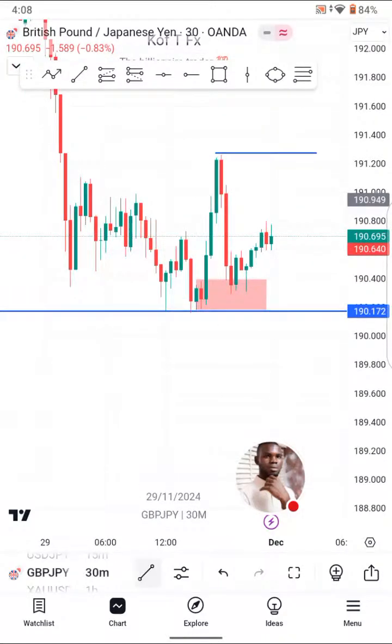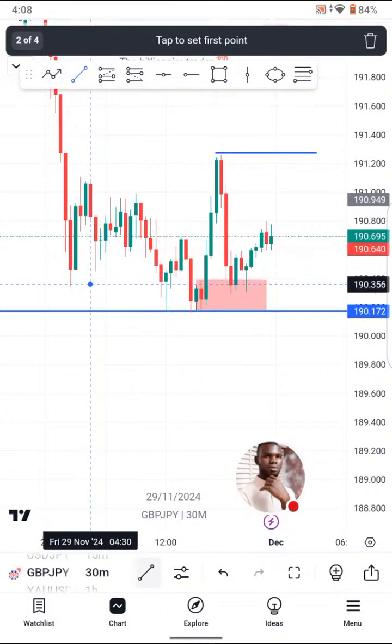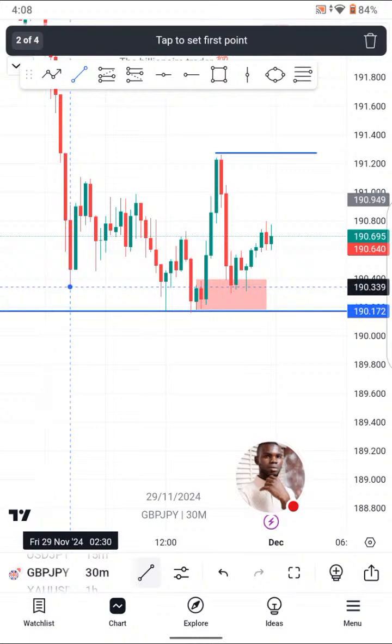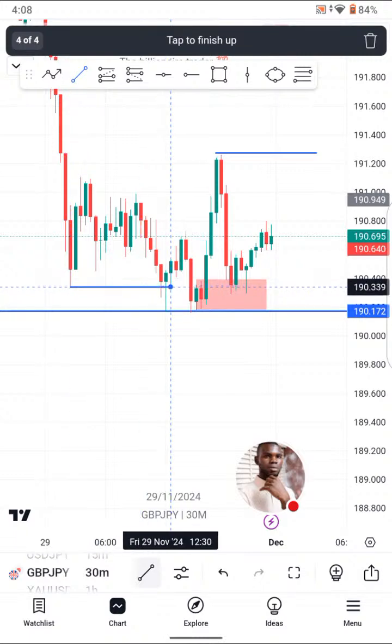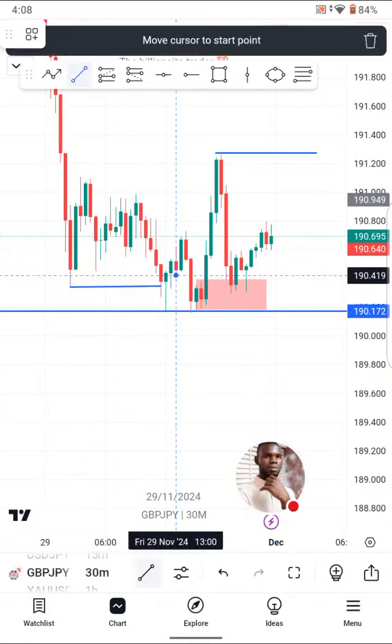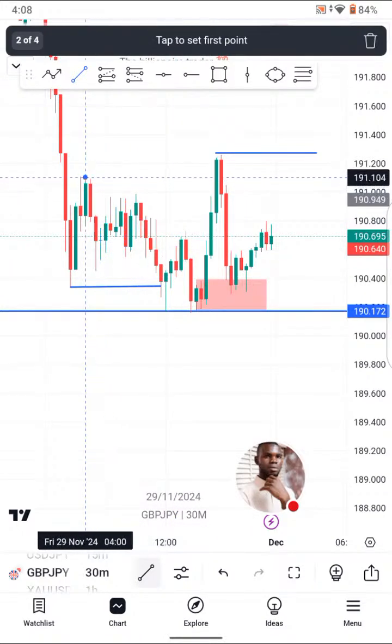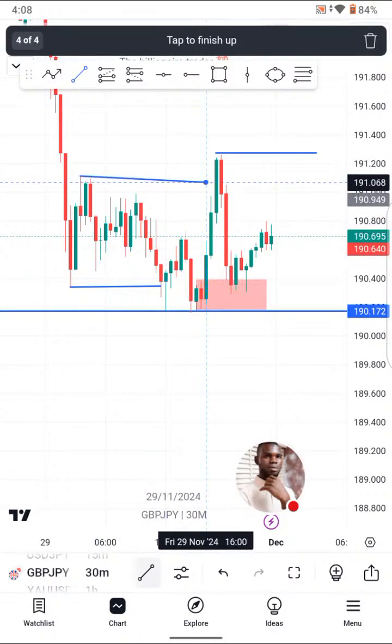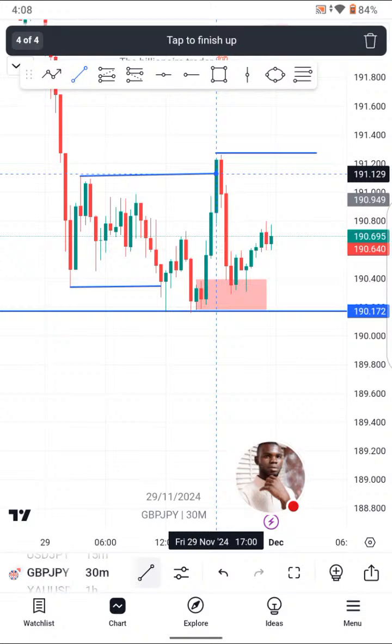And looking at this, we have this as the last point, and price has already taken out this high. Price has already taken out that high.